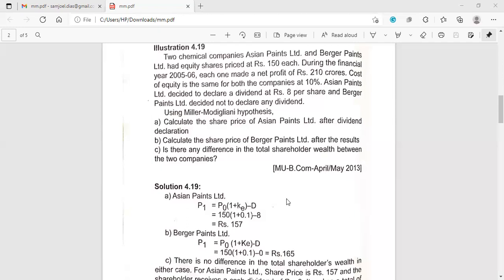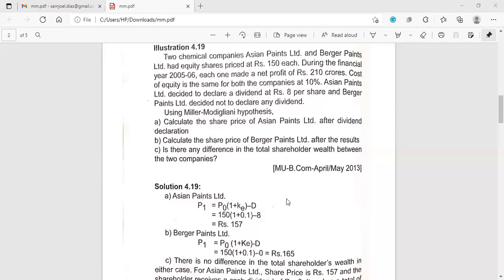So P0 means 150 rupees. Now, what is the cost of equity? Again, in the problem it is given that cost of equity is the same for both the companies at 10%. So both the companies will have an identical cost of equity, that means 10% only.